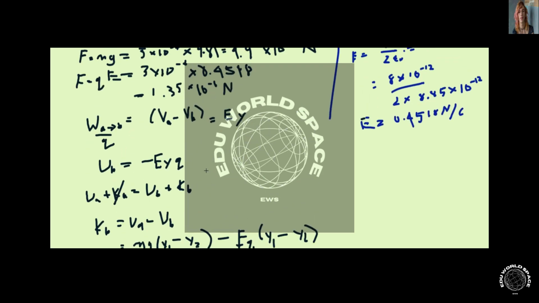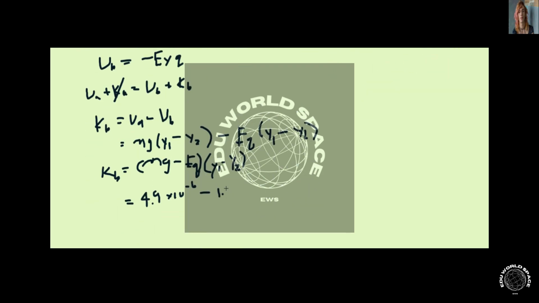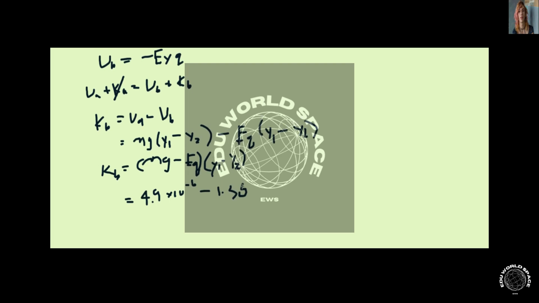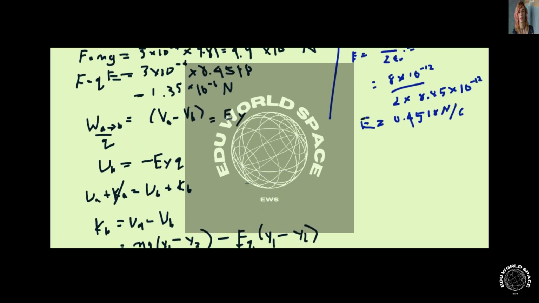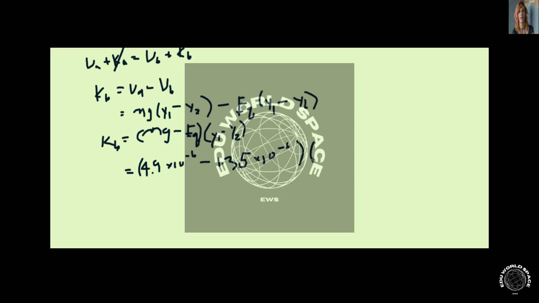Minus EQ, which we calculated right here. So it's 1.35 times 10 to the negative 6. Times the difference, which is just equal to 0.4 meters. This is straight from the question.